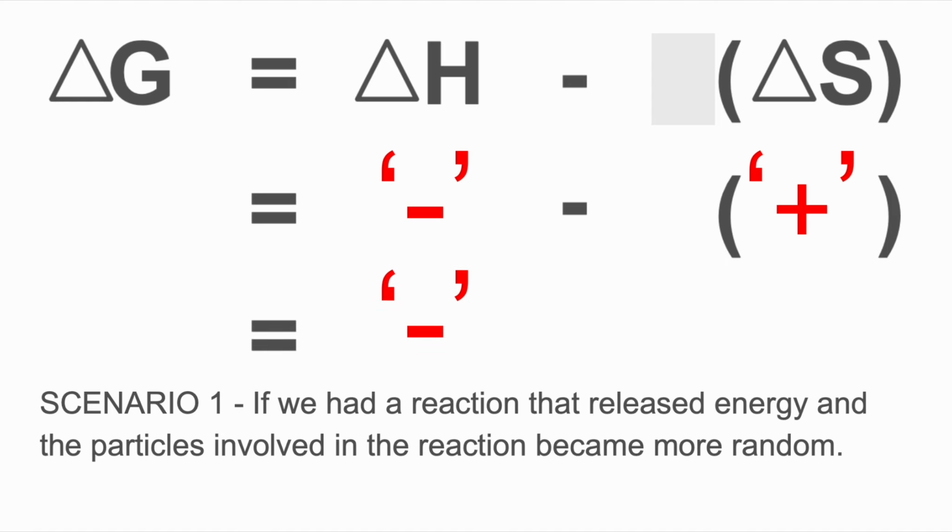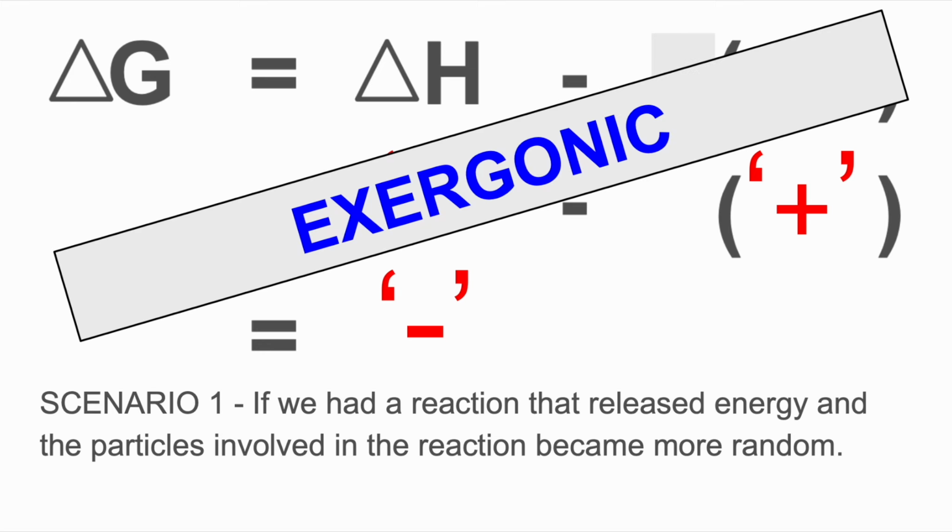Then, as we do the calculations, based on what we remember from math, if I take a negative value and subtract a positive value from that, I'm going to end up with a negative value. So overall, we could say that the delta G is going to be negative. And that would mean that this would be an exergonic type of reaction, and it would be spontaneous.